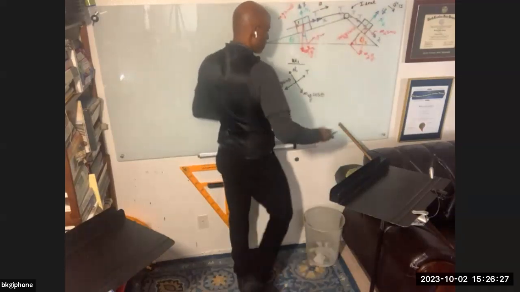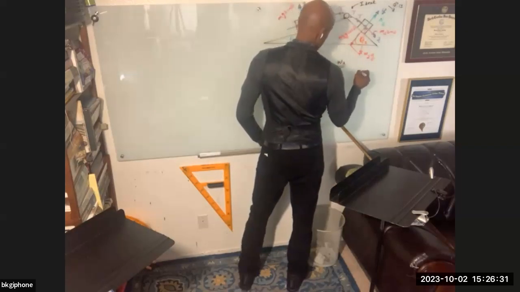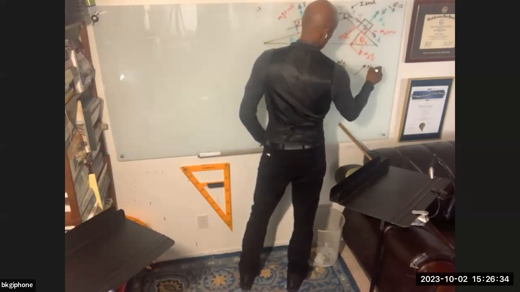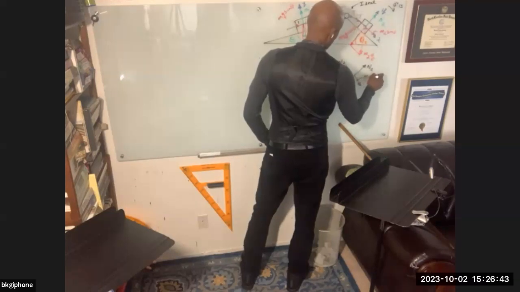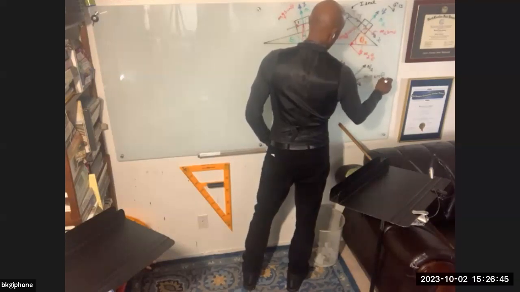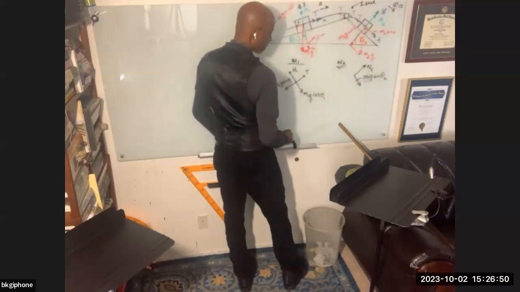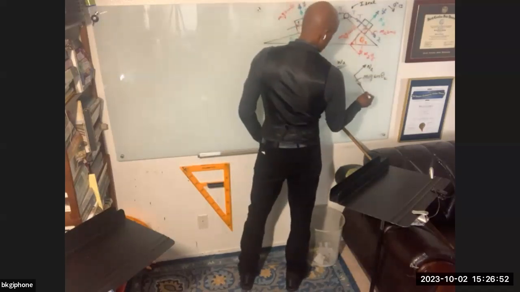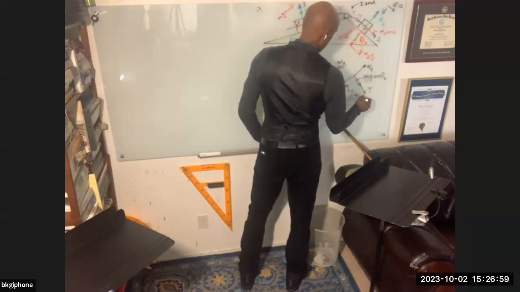So the free body diagram for this guy is normal force N2, M2g, M2g sine theta, and I forgot to put the subscript on the theta 2. That's theta 2, and this is theta 1, and that's theta 1. And then this is tension, and this guy is M2g cosine theta 2.